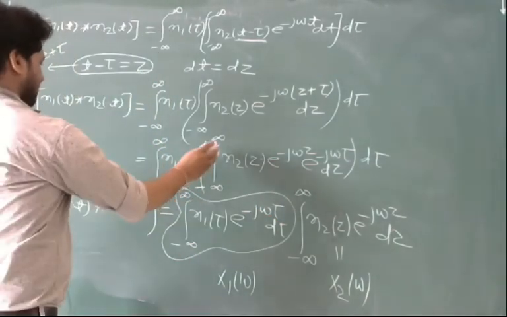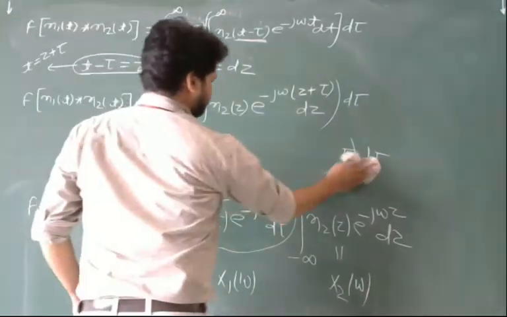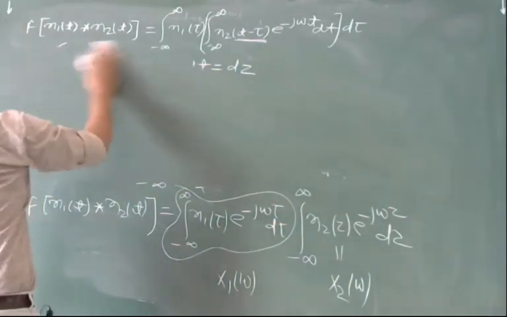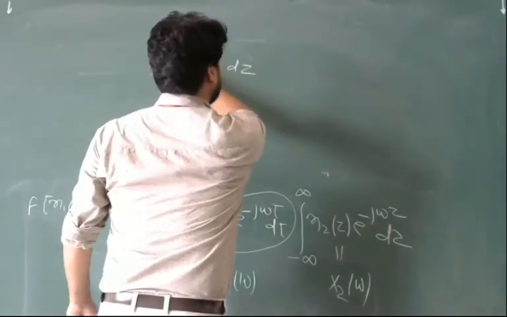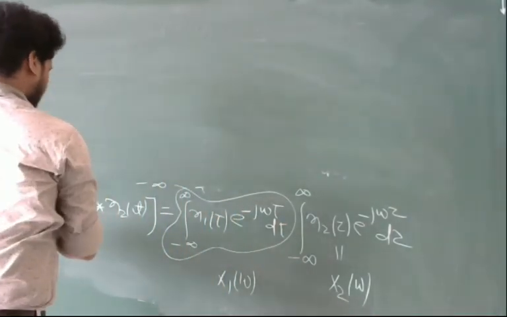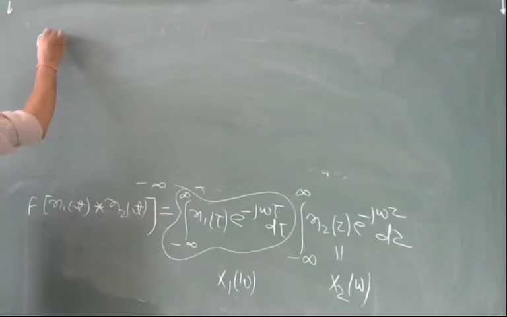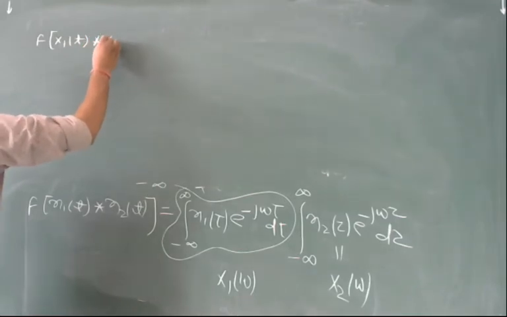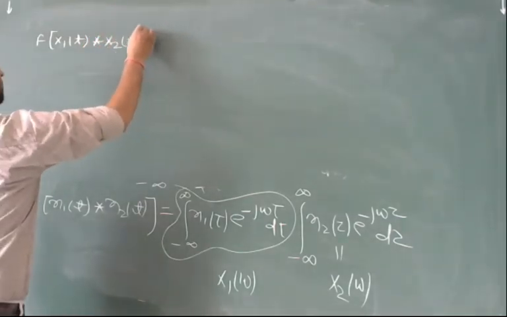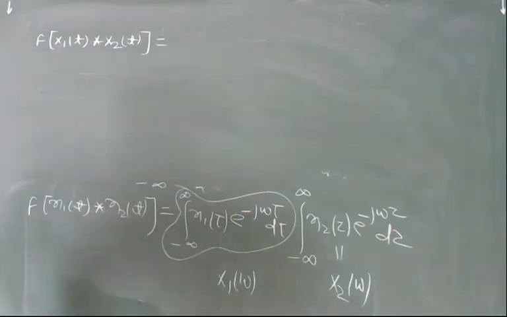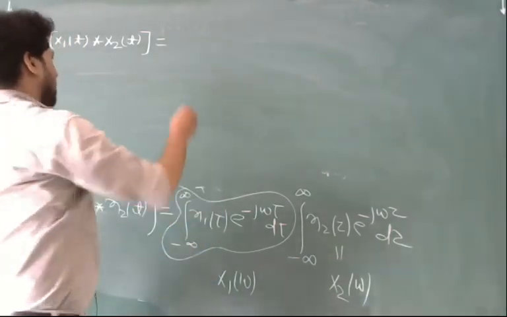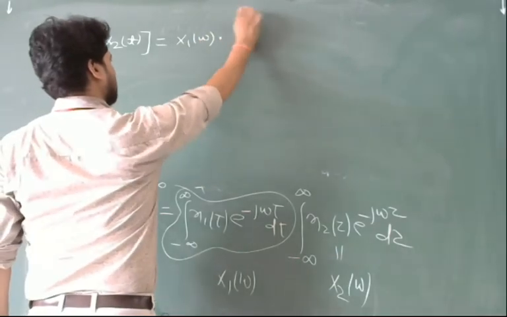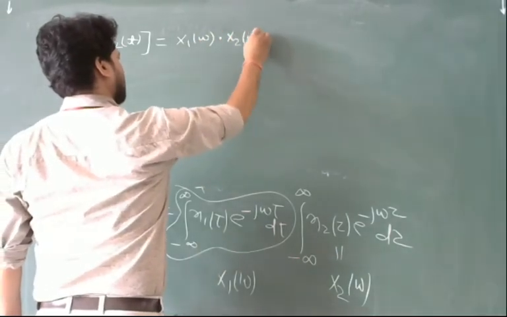Now we can combine these results as Fourier transform of x1t convolution with x2t will be equal to x1 of omega into x2 of omega.